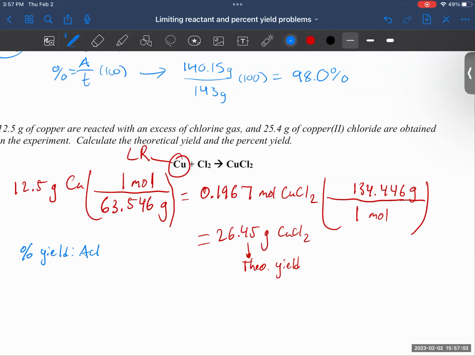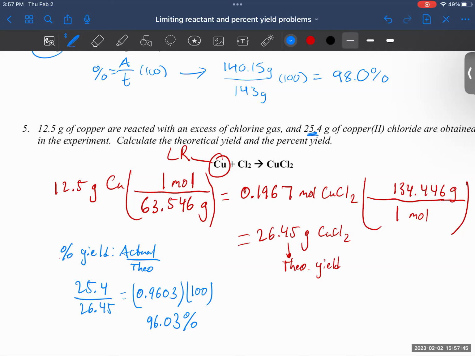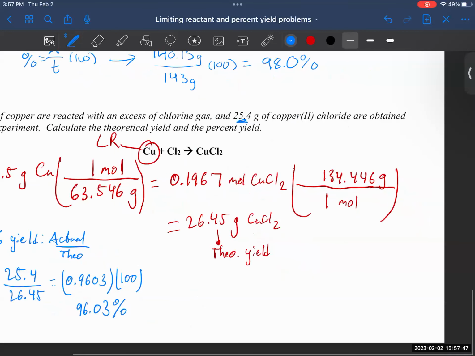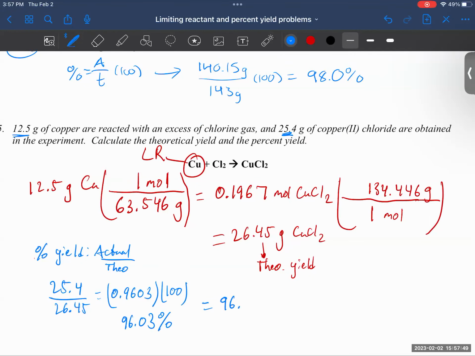Solve that out, we'll get 0.9603, and then we'll times this by 100 to get 96.03%. Is that our final answer? Exactly, sig figs. There's 3 here, and there's 3 right here, so your final answer should have 3 sig figs: 96.0%.